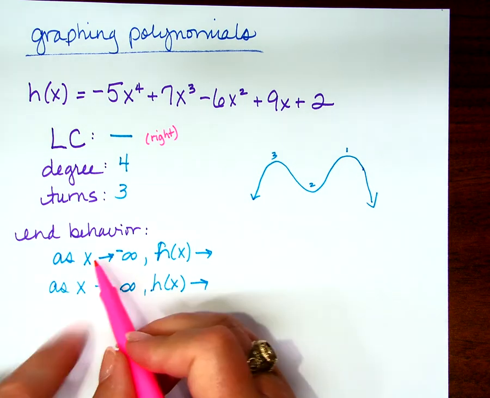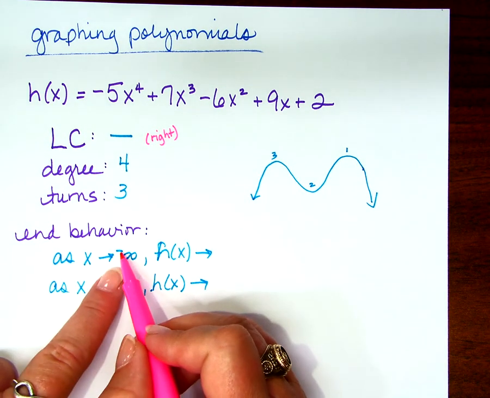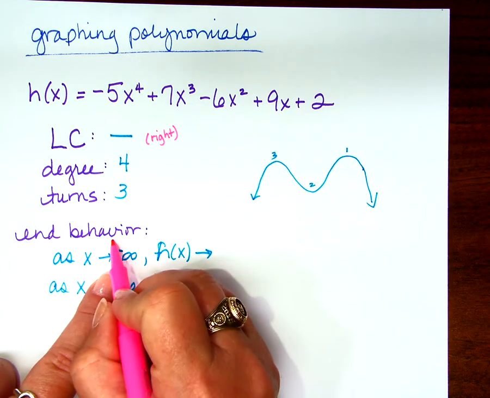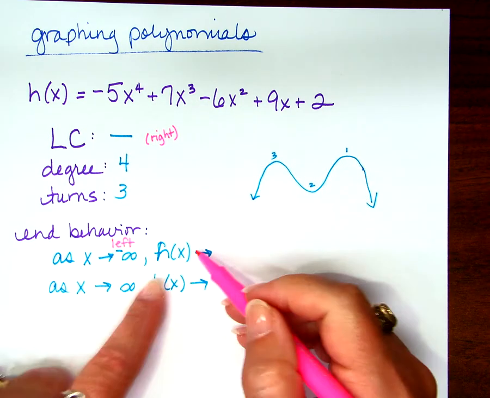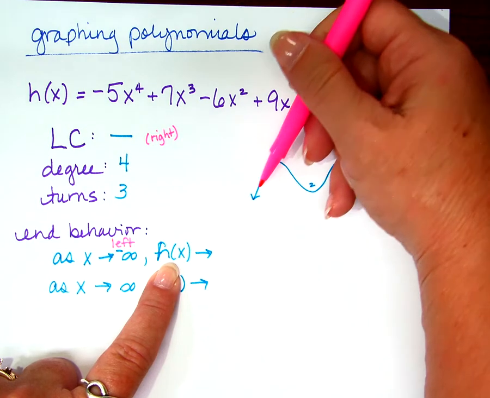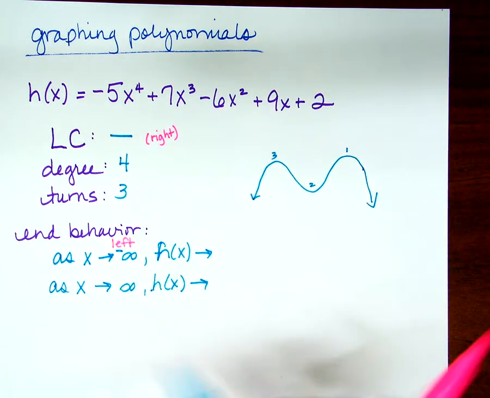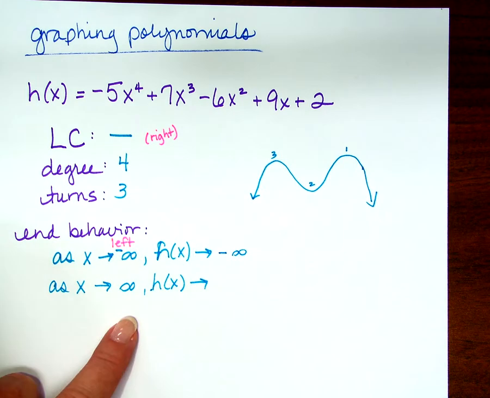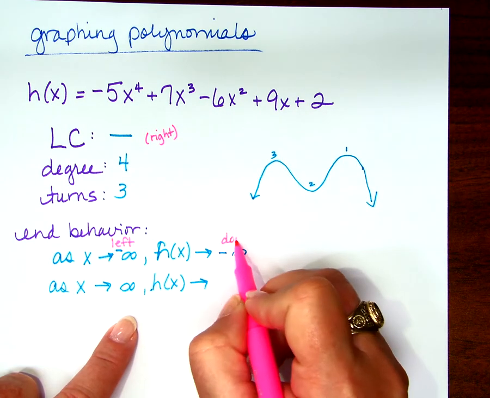Okay? As x is going to, what does this mean? Negative infinity. To the left, right? As x is going to the left, what's happening to the function? It's going down. So how do you think we would write that? Negative infinity. That means down.